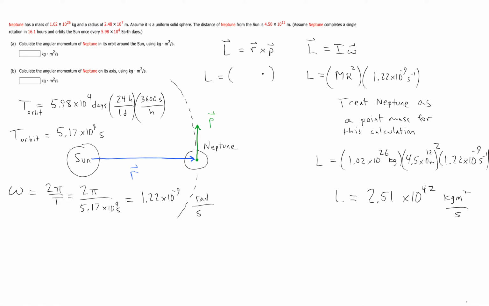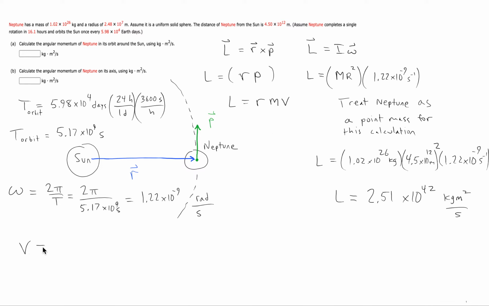And we want the other formula to tell the same story. Alright, so we're going to need R cross P for that. But notice that there's 90 degrees between R and P. So it just simplifies to R times P. Alright, so how do we find P? P is going to be the mass times the velocity. So we'll have that.